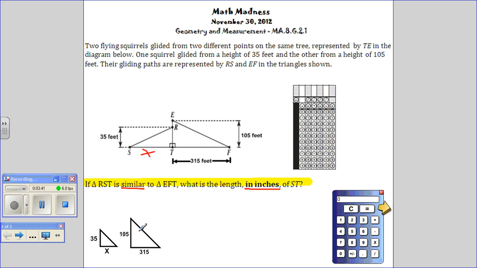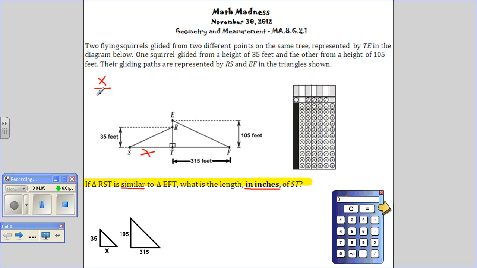When you're writing your proportion, it doesn't matter where you start, but wherever you start, you have to make sure one side corresponds with the other. So I'm going to start with my X. So I'm going to say X over, now what side corresponds with the X? I hope you said 315.